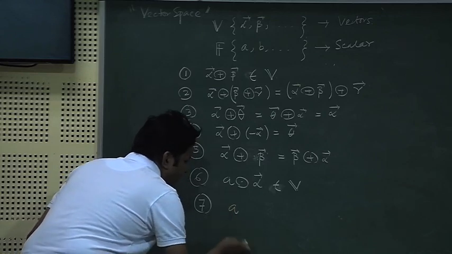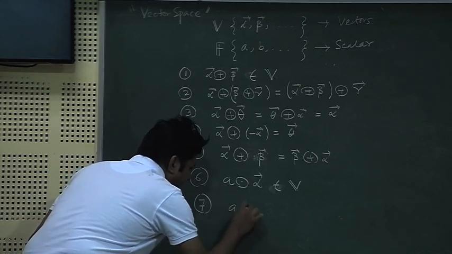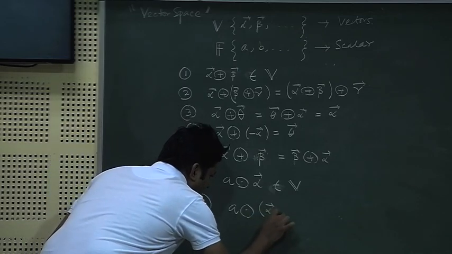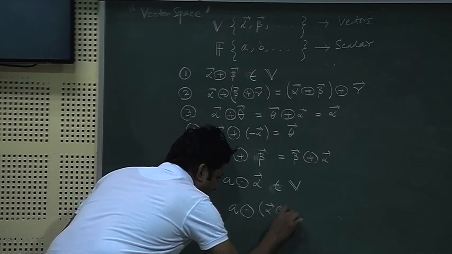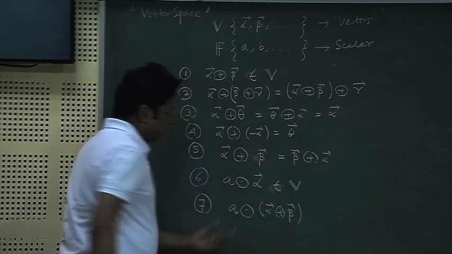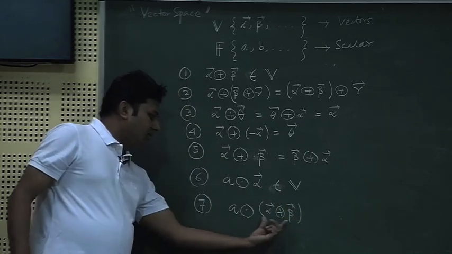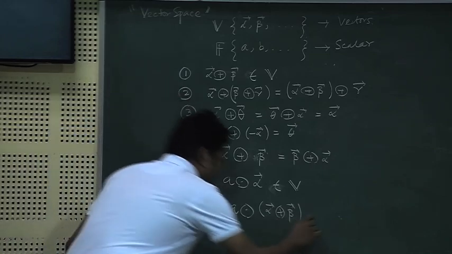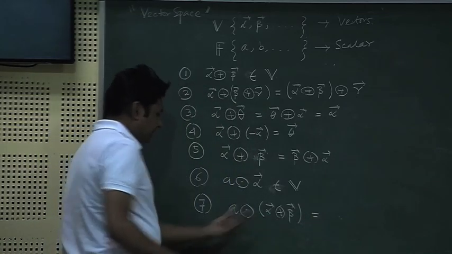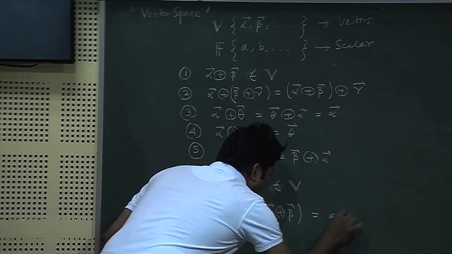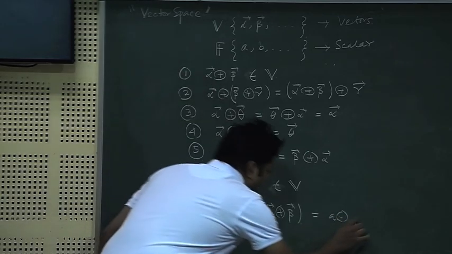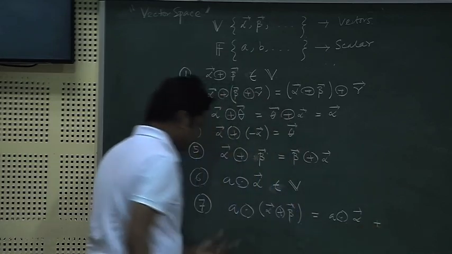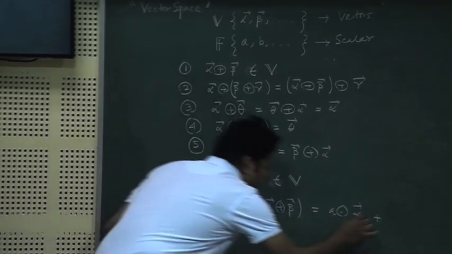Also, if I associate A with some of these two things, then the distributive property will also follow. So I should write this plus this.